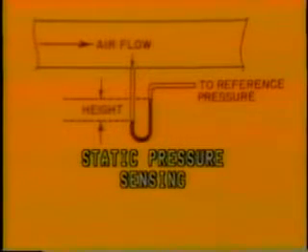The second type, static pressure sensing. Static pressure is defined as that pressure within a system exerted in all directions, but measured at right angles to the direction of the airflow. Static pressure is the potential energy within an air system.